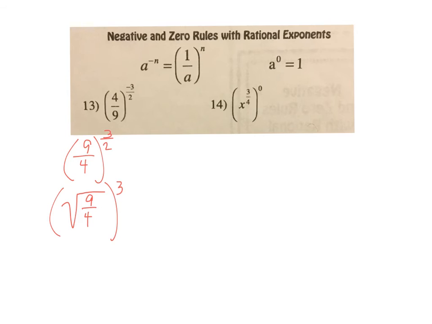So what is the square root of 9 over 4? Do you know the square root of 9? 3. The square root of 9 is 3, radical gone, because you took the square root of 9. What's the square root of 4? 2. So the square root of 9/4 is 3/2. Now raise that to the third power.